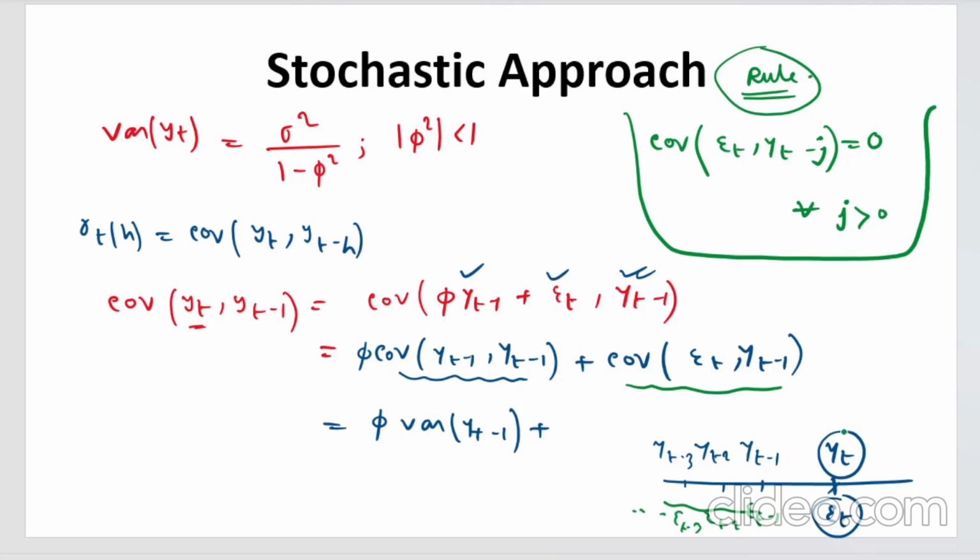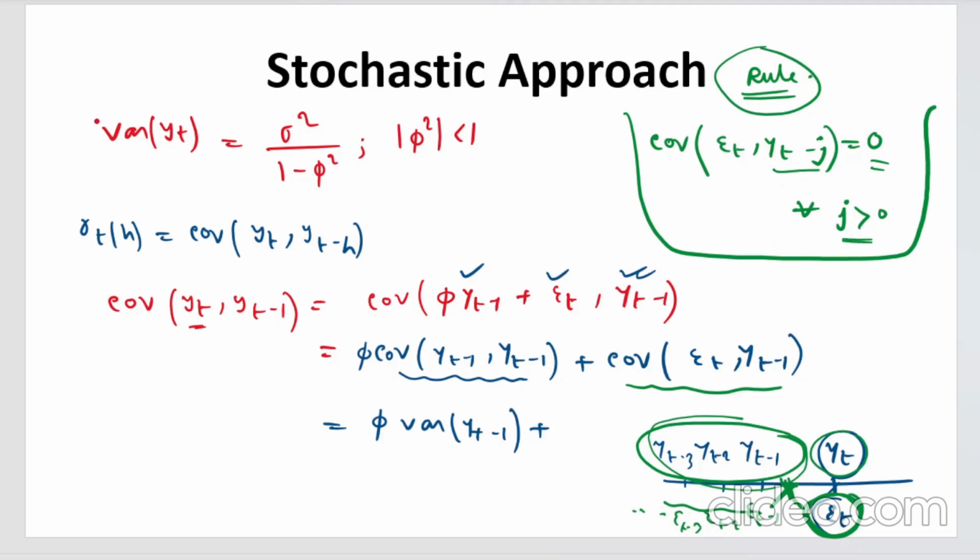So yt has a correlation with epsilon t, but all these yt's in the previous periods do not. I have written yt minus j with j greater than 0. These terms have no correlation or covariance with epsilon t. This epsilon t and the lag values of yt are independent of each other, right? This thing you have to remember: epsilon t and the lag values of y do not have any correlation or covariance. So this term will be 0.